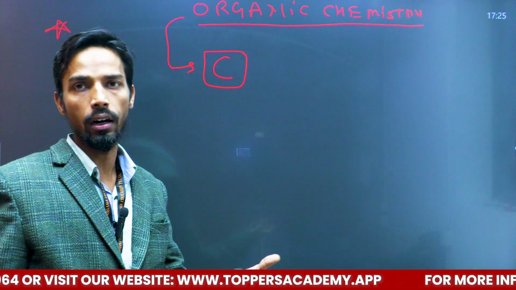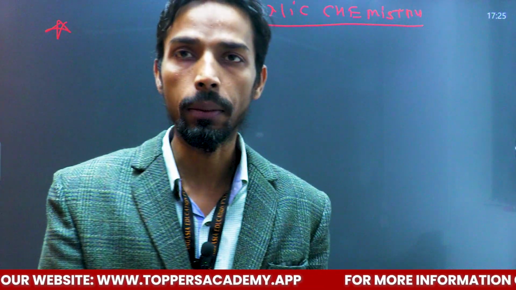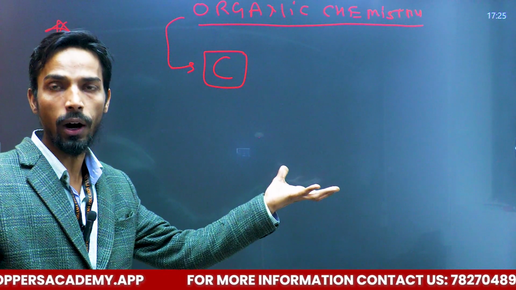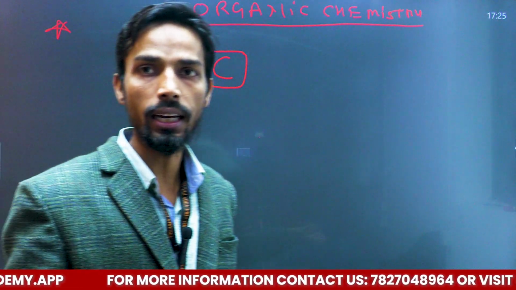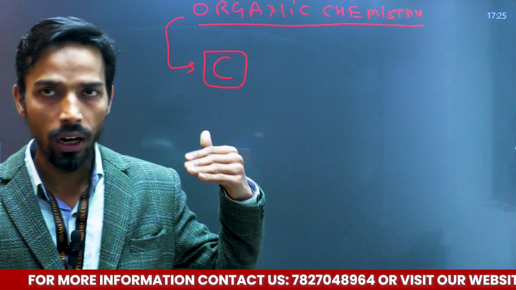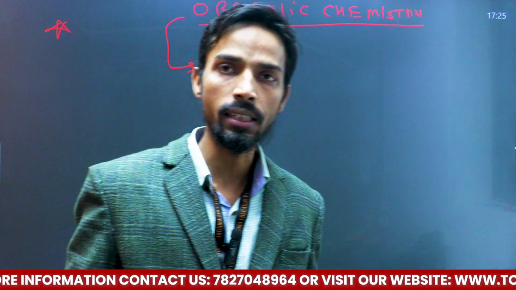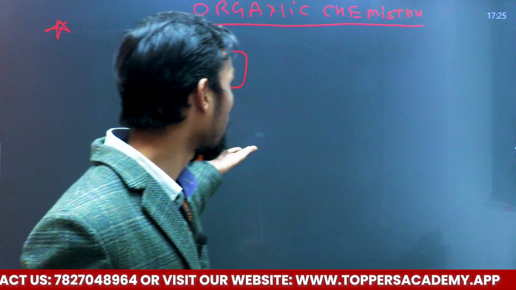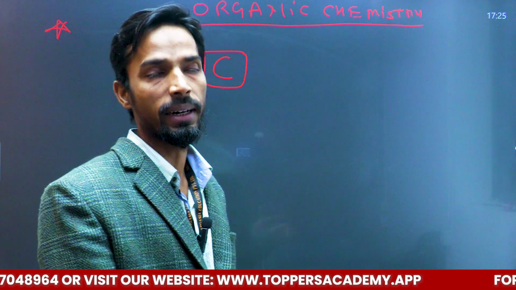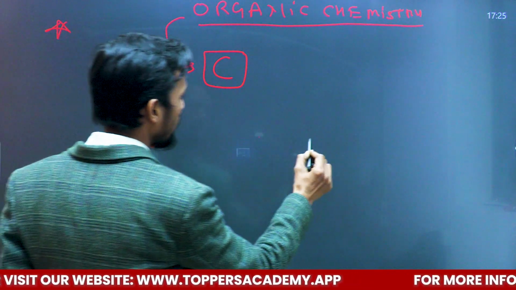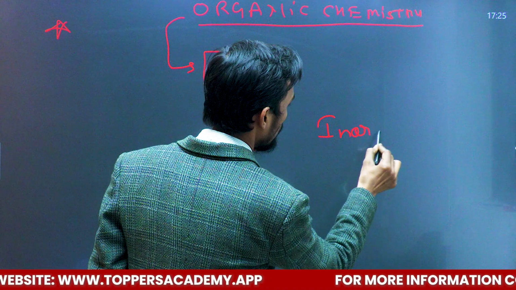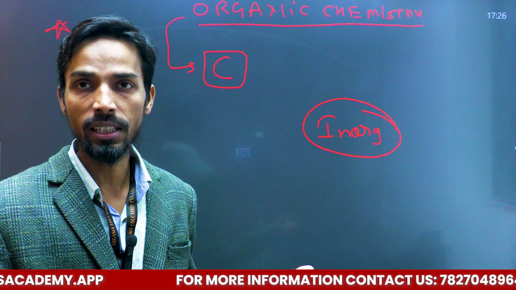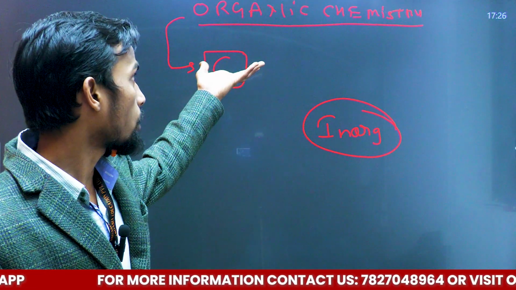As we know, there are nearly 120 elements in our periodic table, but these carbon containing compounds we study separately as organic chemistry, while the compounds of all other elements, except carbon and hydrogen, are studied as inorganic chemistry. So what is the reason behind that?